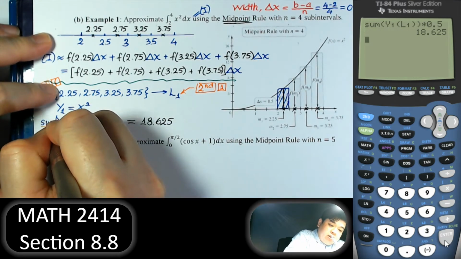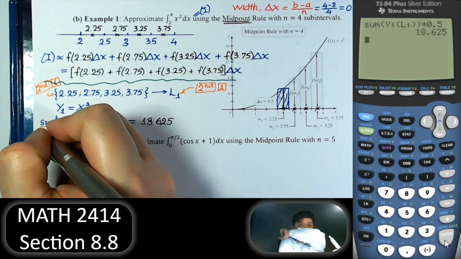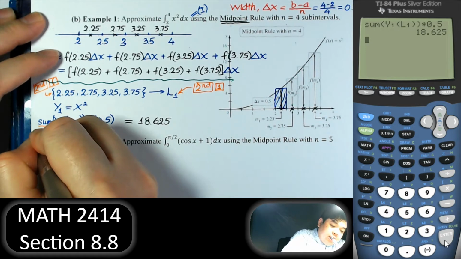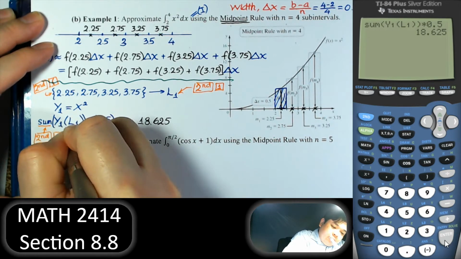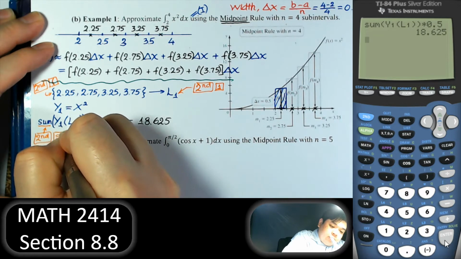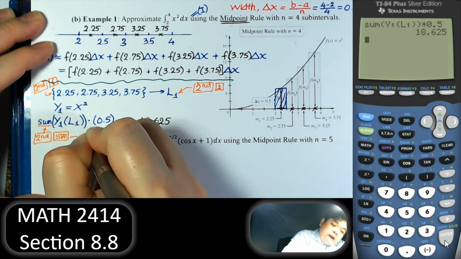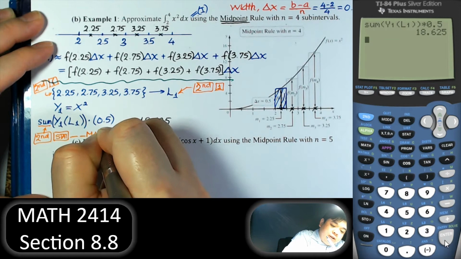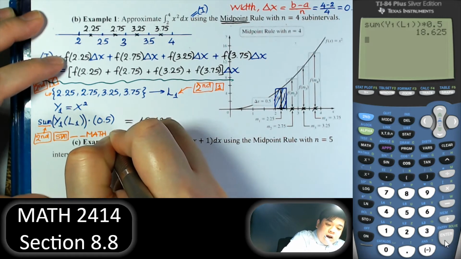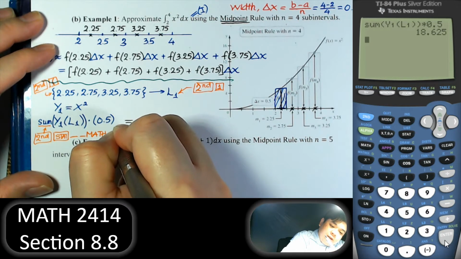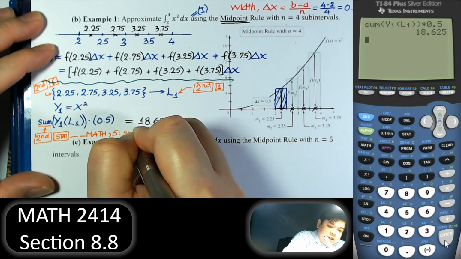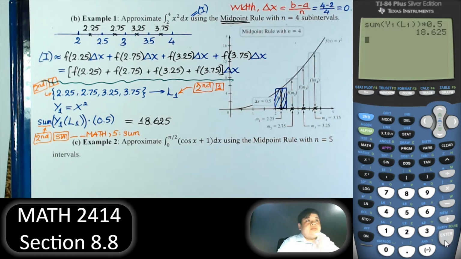The summation. Second stat, and go to math, option number 5, give us the sum. Right, so that's what we can do.